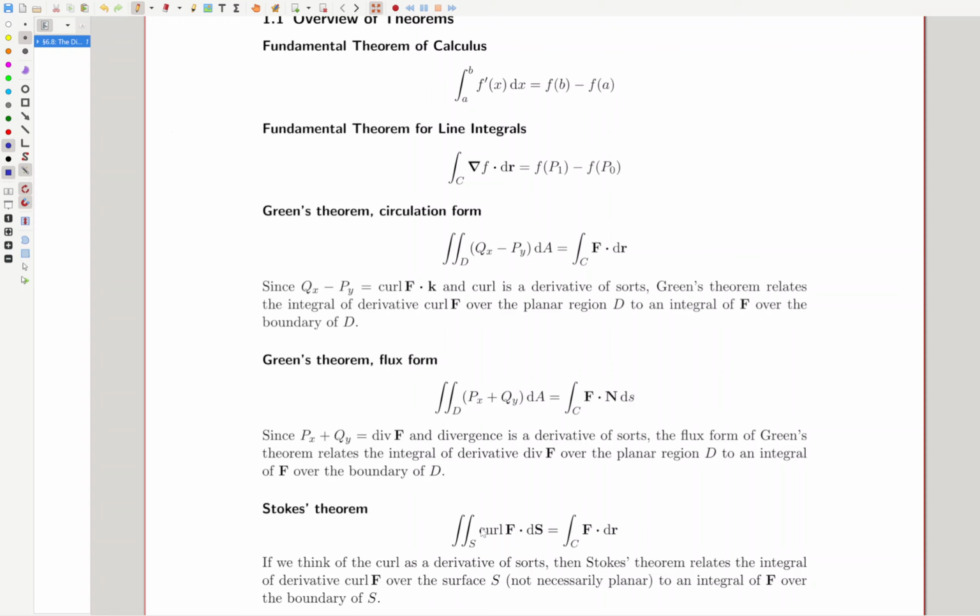Also note that the right-hand sides all have one less integral. So the region that you integrate over is simpler. These are like integrals in 0 dimensions; they're just evaluations at points.